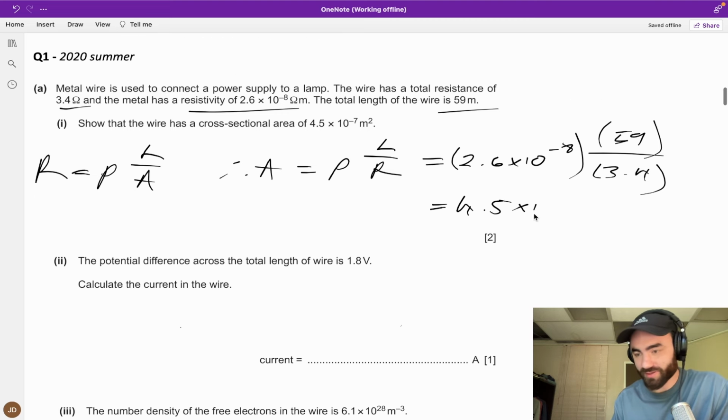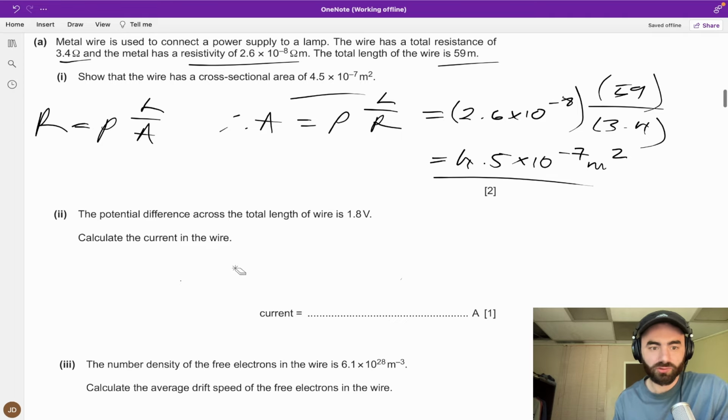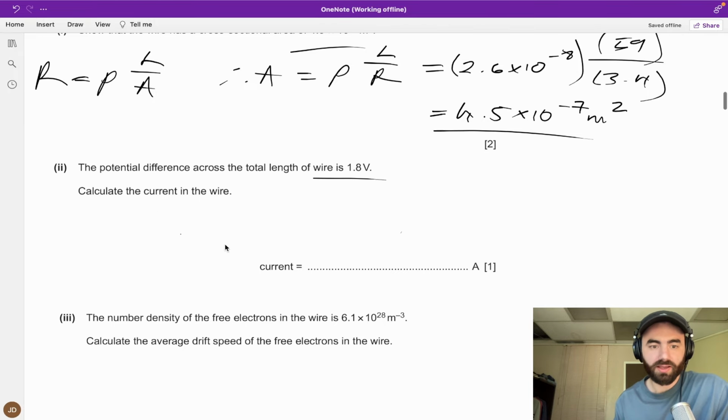4.5 times 10 to the negative 7 meters squared, which is what they wanted. Cool. The potential difference across the total length of the wire is given. Calculate the current. We have a potential difference across it, and we know the resistance of it. Well, V equals IR.